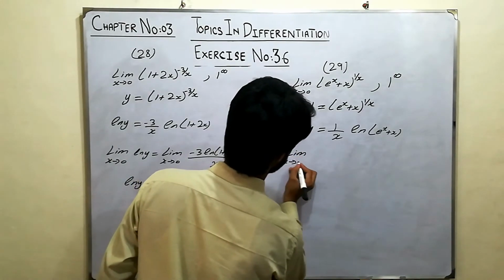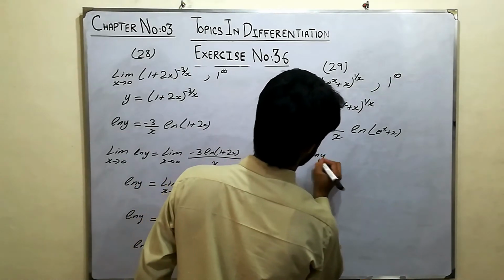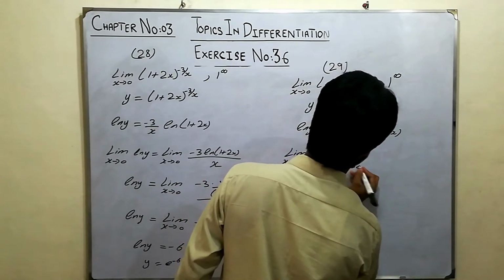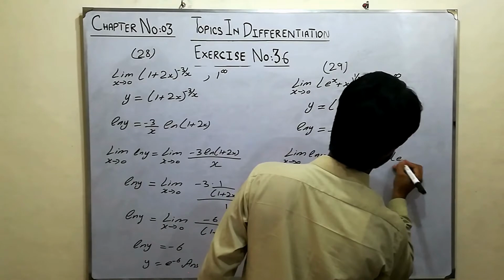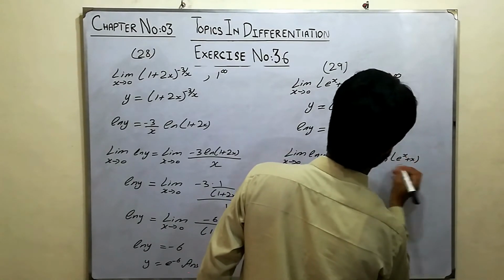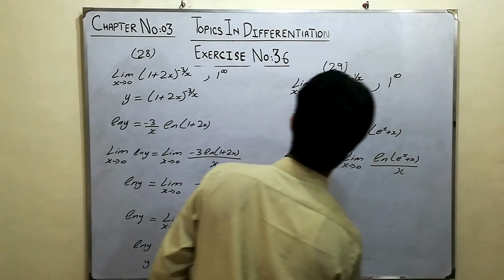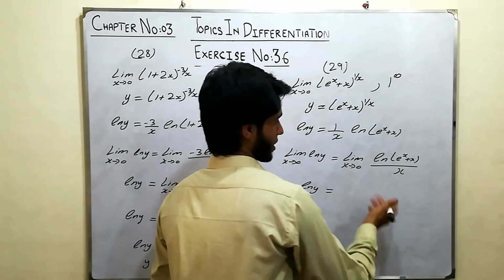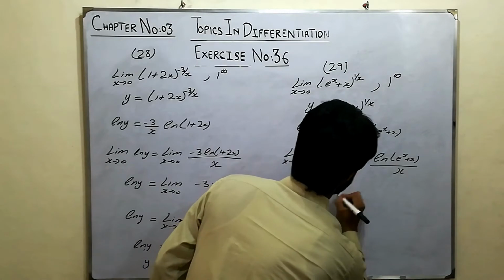Limit x approaches to 0, ln y equals limit x approaches to 0 of ln of e to the x plus x divided by x. Ln y comes as it is. For this point, take separate derivative of numerator and denominator.